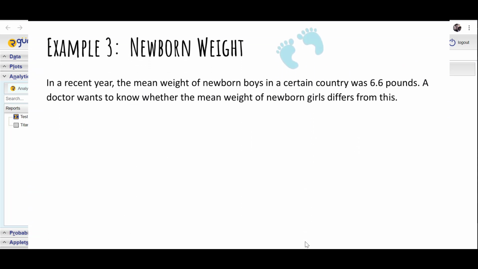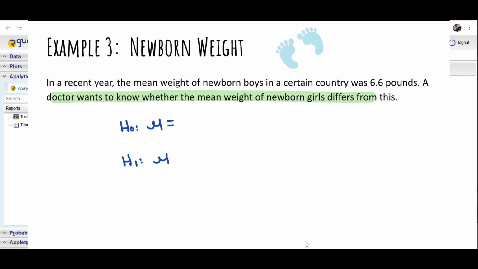All right, let's look at another one. In a recent year, the mean weight of newborn boys in a certain country was 6.6 pounds. A doctor wants to know whether the mean weight of newborn girls differs. So the doctor wants to know whether it differs. There's your claim right there. But no matter what the claim is, we start off with what we are assuming is true until we prove otherwise. So again, we're testing a mean. Equal sign goes up here.